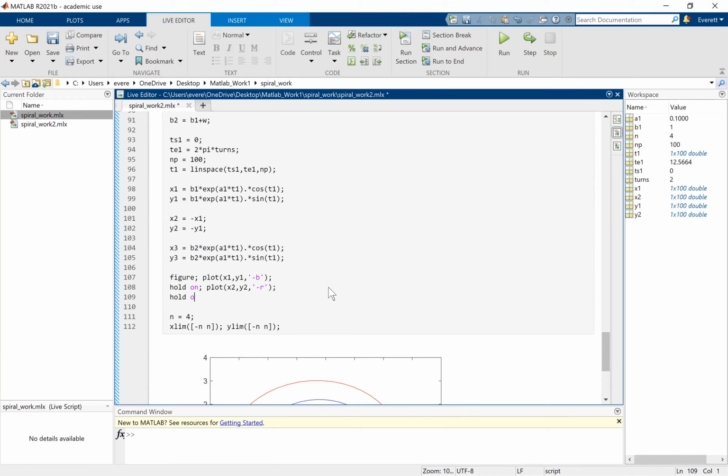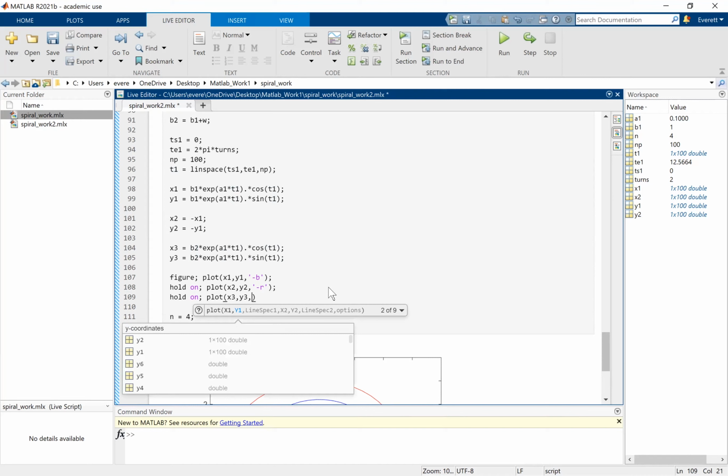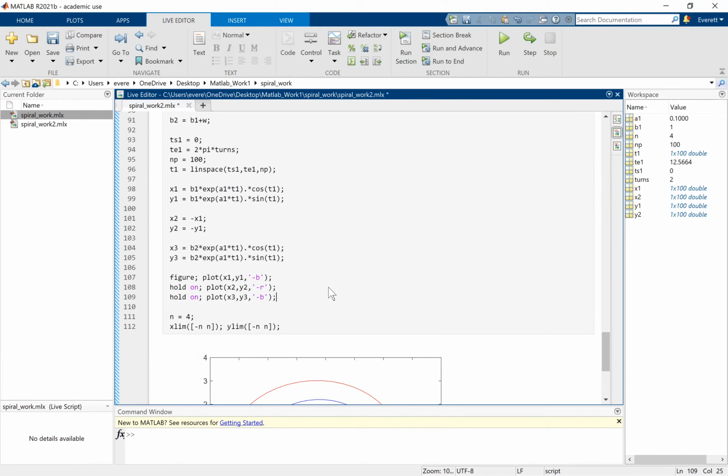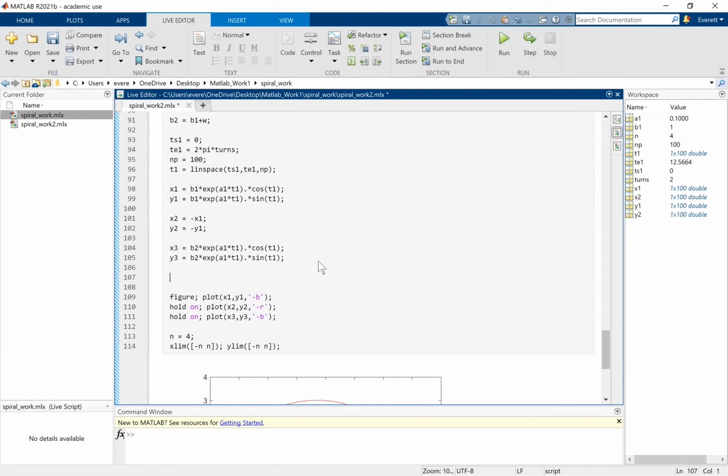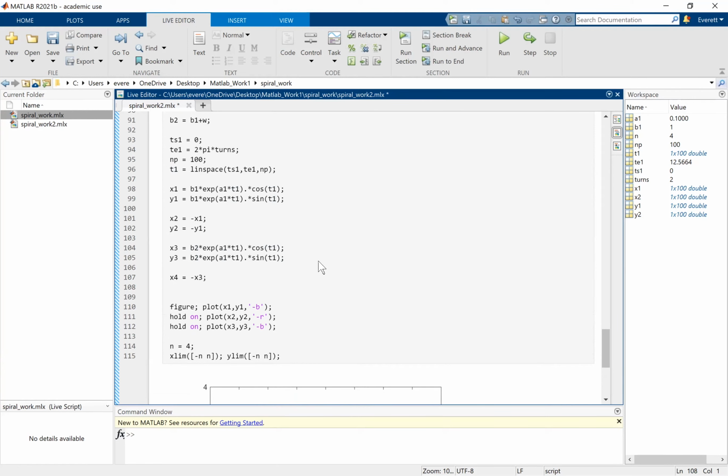So we'll do hold on, plot x3, y3, blue, and then we'll also get our other outer edge. So x4 equals negative x3, and then y4 equals negative y3. Let's plot those as well. We'll do hold on, plot x4, y4. This is red.